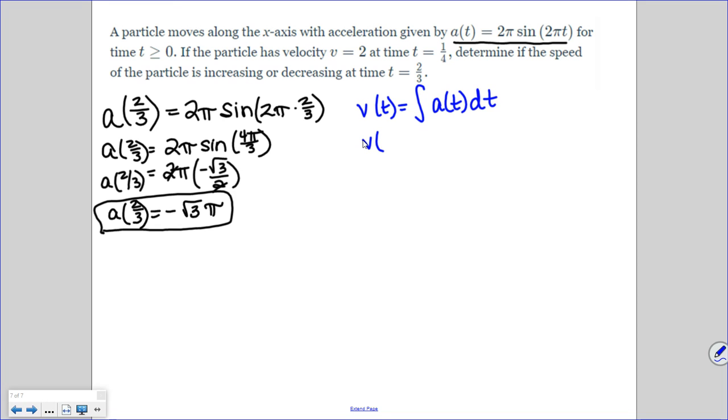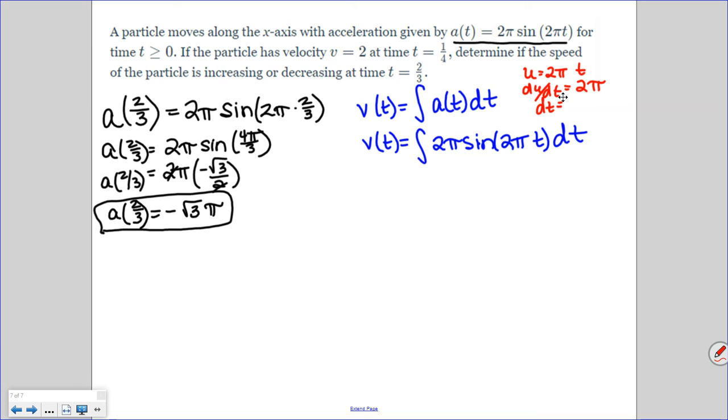So v of t equals the integral of 2 pi sine of 2 pi t dt. It looks like I'll use a little bit of u substitution. I'm going to let u equal 2 pi t, which means du dt is 2 pi. Solving for dt, that is du over 2 pi.